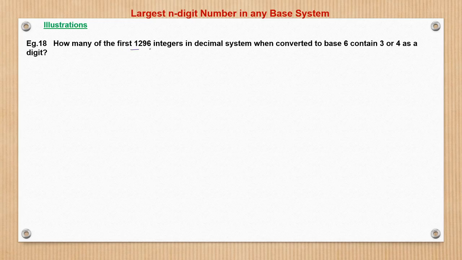So 1296 in base 10 is converted to base 6 by repeated division, noting the remainders. 1296 divided by 6 gives remainder 0, 216 gives 0, 36 gives 0, 6 gives 0, and then 1. So 1296 in base 10 is nothing but 10000, going from bottom to top, in base 6.